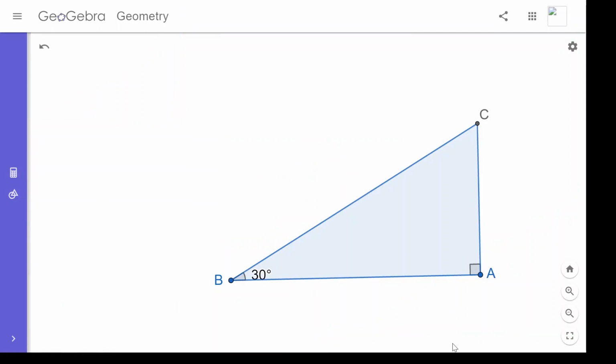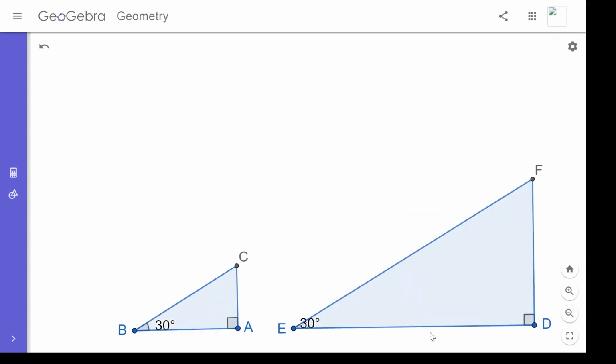So we have triangle ABC, whose acute angle is 30 degrees, and the complement, which is 90 minus 30, which is 60. And we have created a similar right triangle we named DEF.